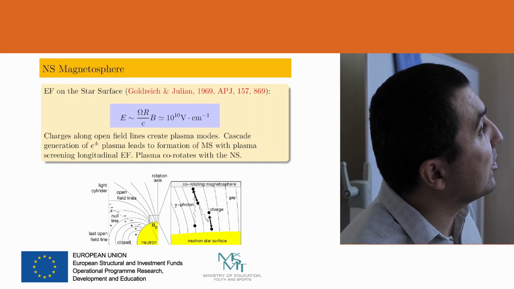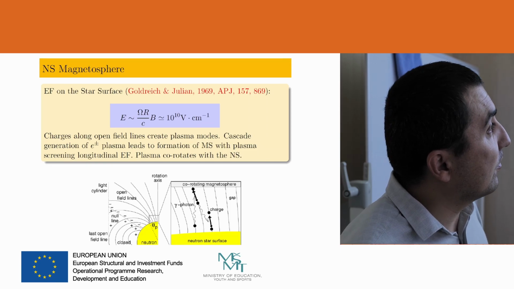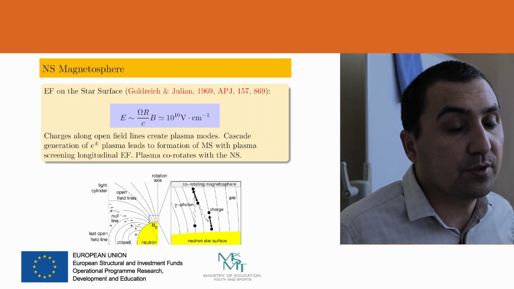This cascade generation makes plasma magnetosphere around neutron star.